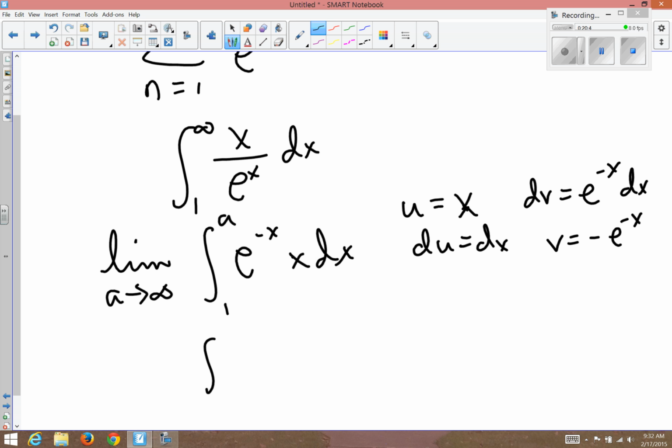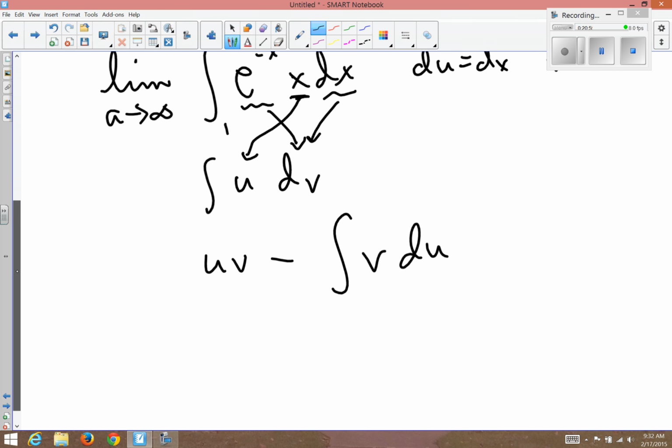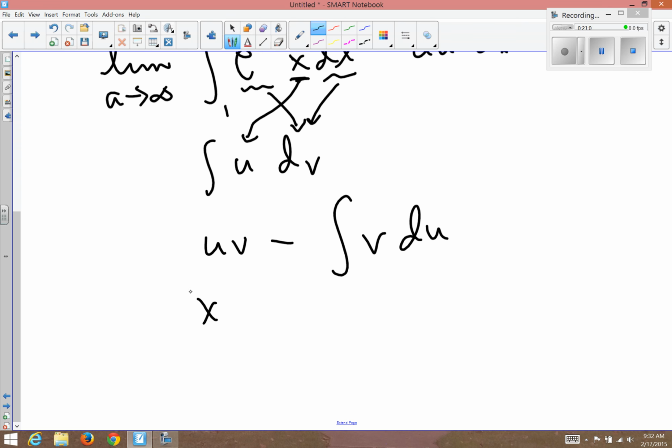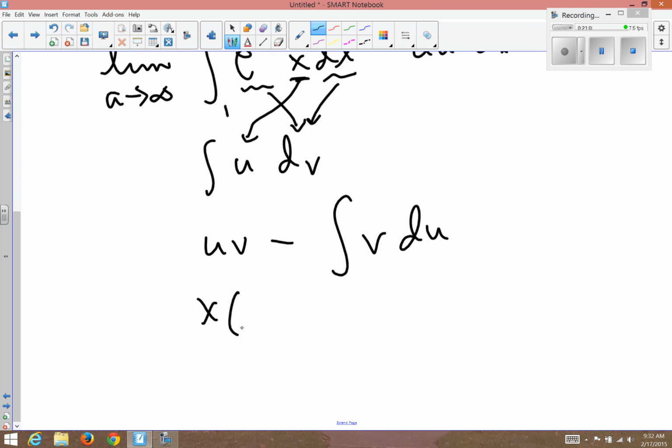We now have the integral of u dv, because this is u and this is dv. The integral of u dv is always uv minus the integral of v du. In this case, u is x, v is negative e to the negative x.